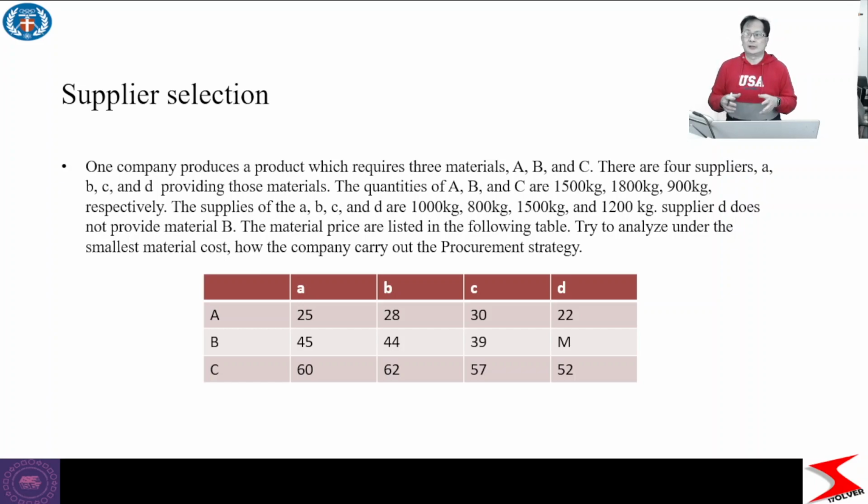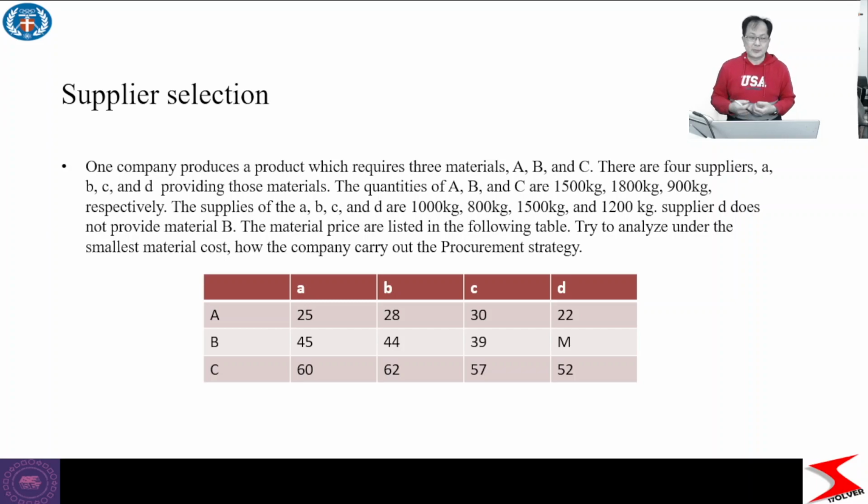So this is the problem where, for a specific material the company wants to buy, there are different prices, and some suppliers might not provide a certain kind of material. So what is the minimum cost so that the company can buy the materials to produce their products?